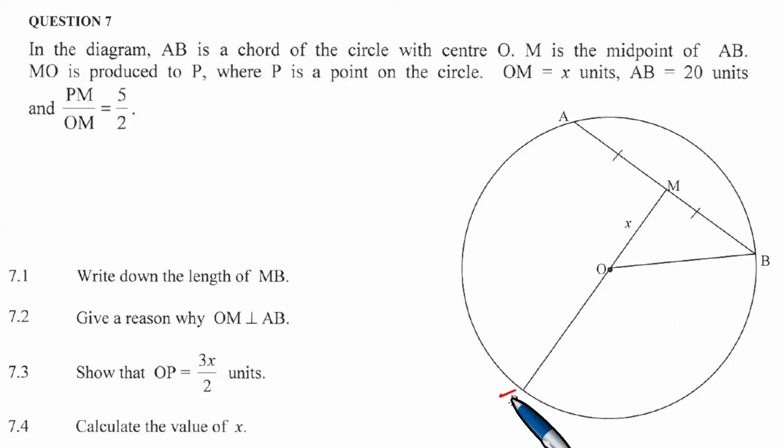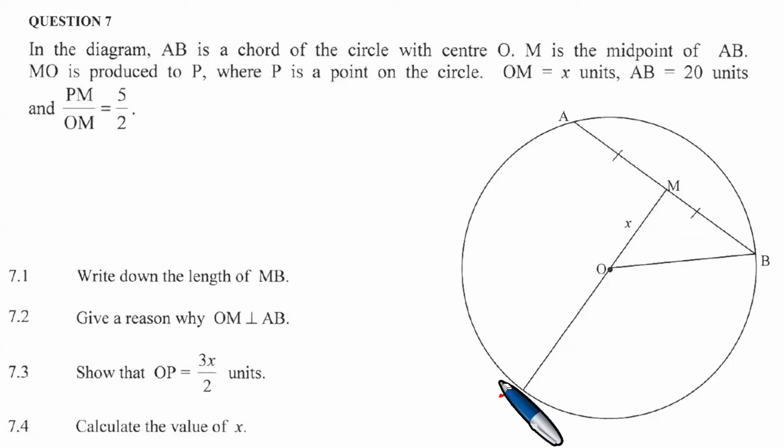OM is X units. AB is 20 units. And also PM over OM is 5 out of 2.